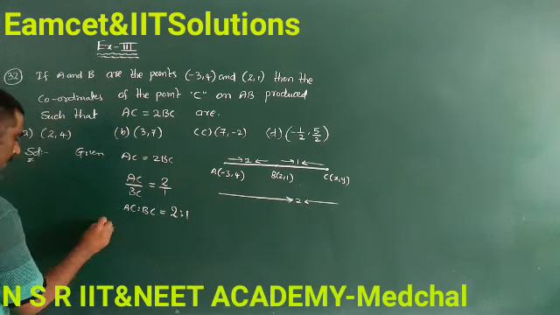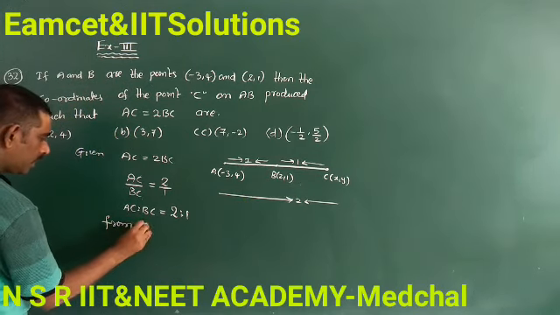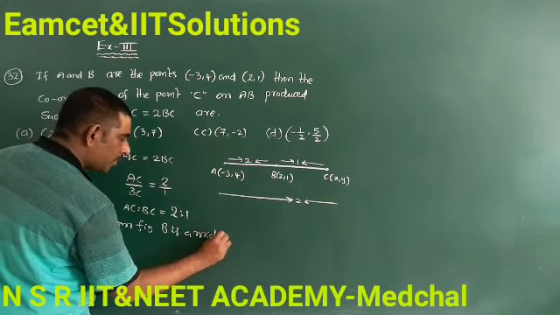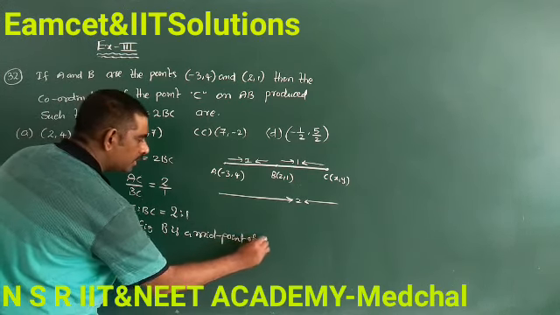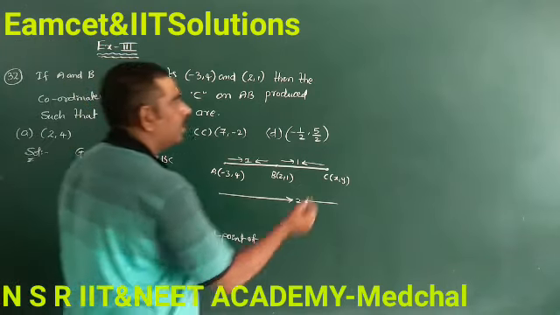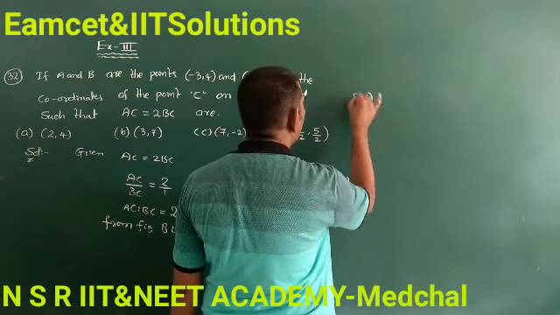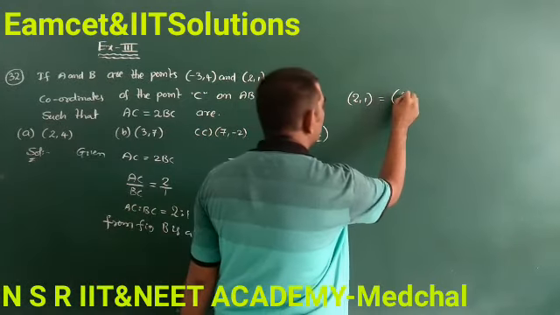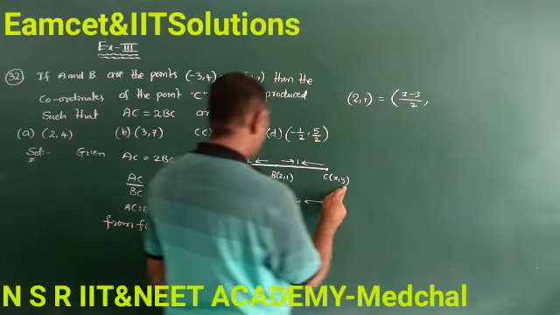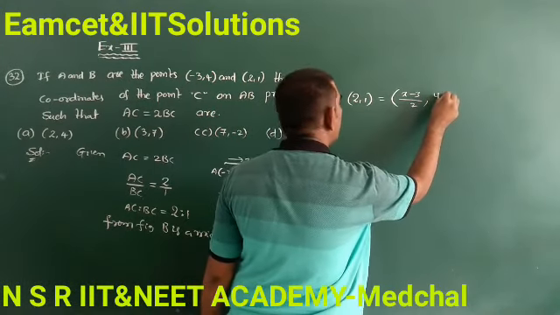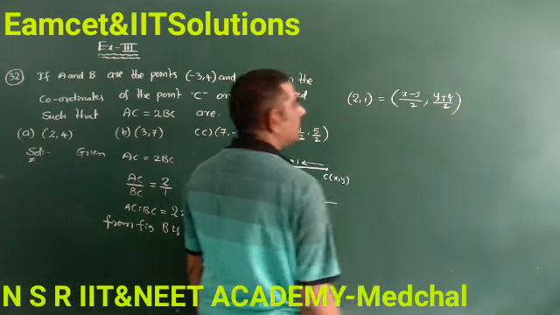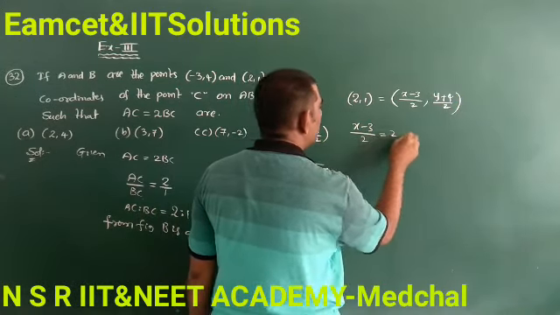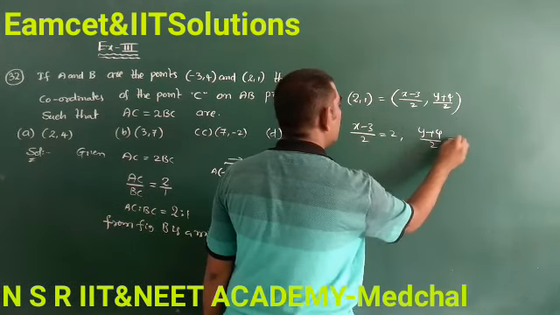So from the figure, B is the midpoint of AC. Now apply the midpoint formula. (2, 1) equals ((x1 plus x2)/2, (y1 plus y2)/2), that is ((x minus 3)/2, (y plus 4)/2). Equating the x and y coordinates, (x minus 3)/2 equals 2, (y plus 4)/2 equals 1.